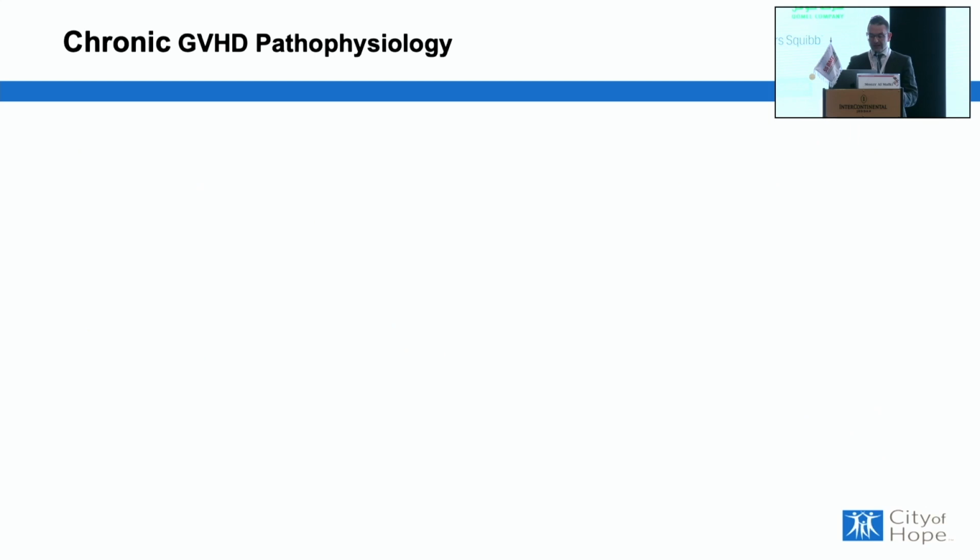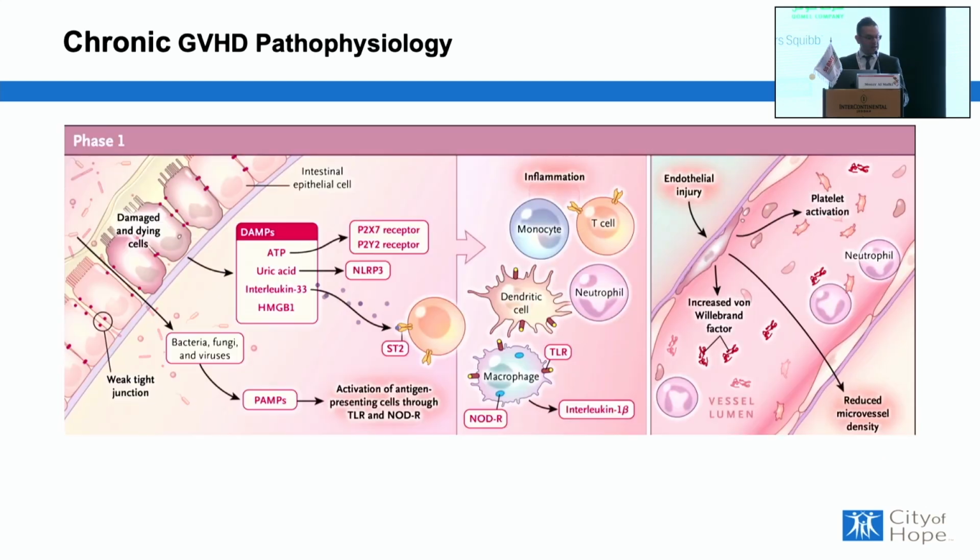So now, how does chronic graft-versus-host disease develop? We have 3 phases. Phase 1, as you can see in this cartoon, is characterized by tissue damage resulting in the translocation of bacteria and fungi, leading to the release of PAMPs and DAMPs. Those are pro-inflammatory substances. They activate multiple receptors, including, as you can see on the left side, P2X7, P2Y2, ST2, TLR, and NOD-R.